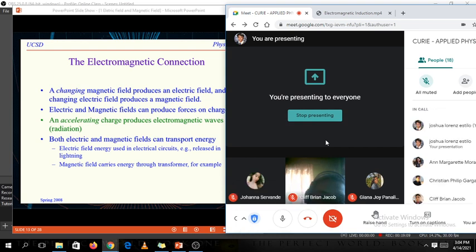That's why gamma rays are the most penetrating, because they also contain the greatest amount of energy. The formula for that is E equals hf, where E is the energy, h is Planck's constant, and f is frequency. So therefore, the greater the frequency, the greater the energy.